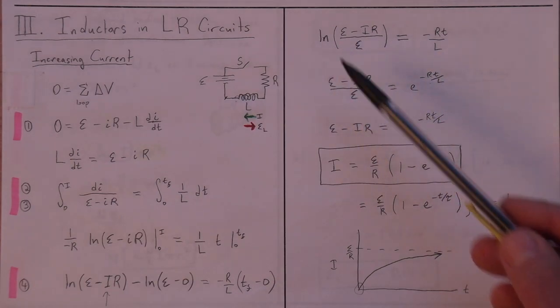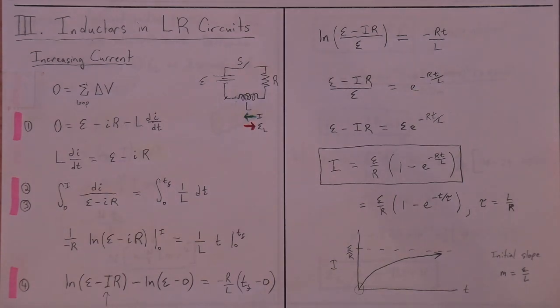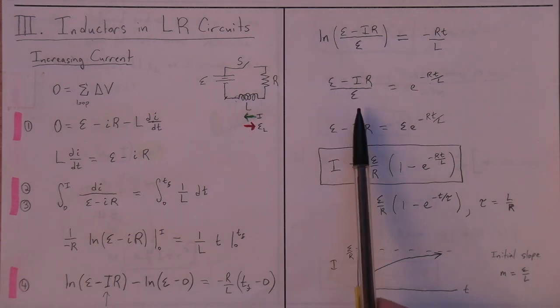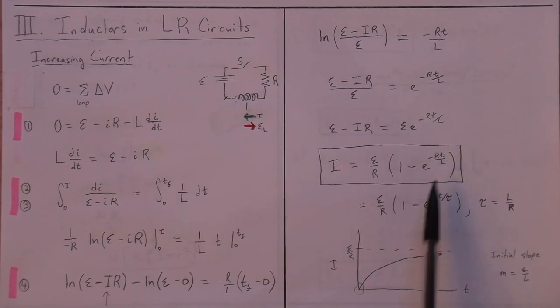But what that does is it gets rid of the log, and then we have e to the minus rt on L. Again, I'm solving for I. So I move the mth over, and then I could subtract mth, divide by negative r, and I skipped a couple algebra steps, but that gives you this.